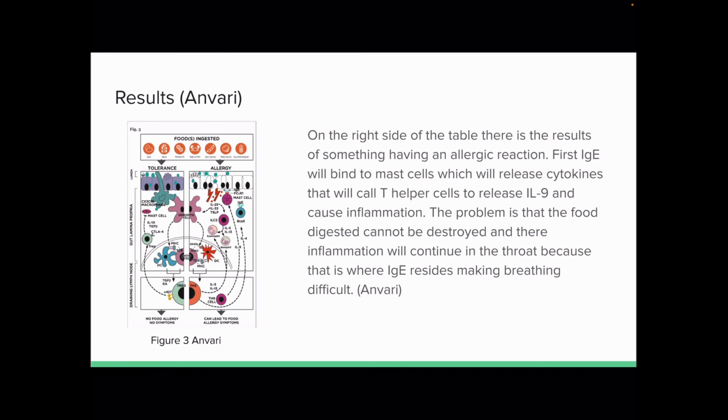So IgE will bind to mast cells if they recognize the foods as foreign, and they will call in Th9 cells that will cause an inflammatory response. This will most likely be in your throat because that's where IgE comes into first contact with these outside foods, and it will cause inflammation in your throat, and it will make it difficult to breathe, causing the severe allergic reactions, especially to tree nuts.